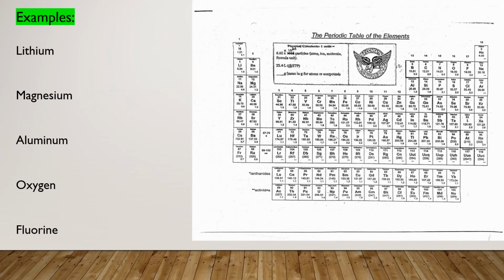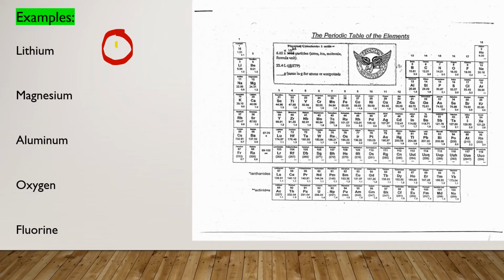All right, let's do a couple of examples. So let's look at lithium here. One easy way to remember how many valence electrons an atom has, besides going through the shell. So if we were doing the shell for lithium, lithium is number 3 on the periodic table. So here's our inner electron. Here's the first shell, and the first shell can hold 2 electrons.